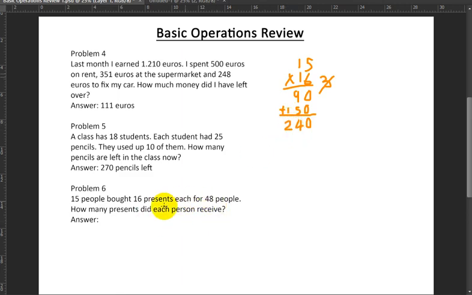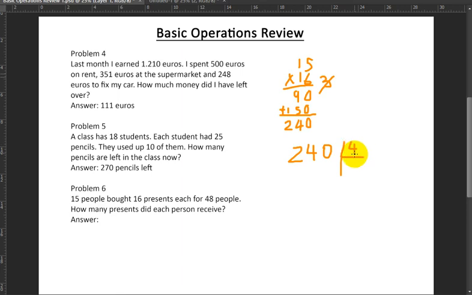So there's a total of 240 presents. And I need to figure out how many presents each person got. So to do that, I need to divide the presents by the number of people that are receiving them. So 240 divided by 48.